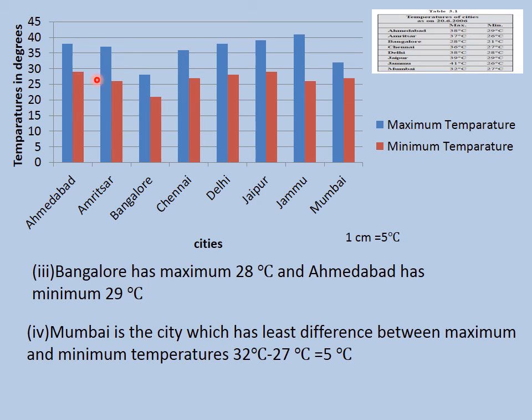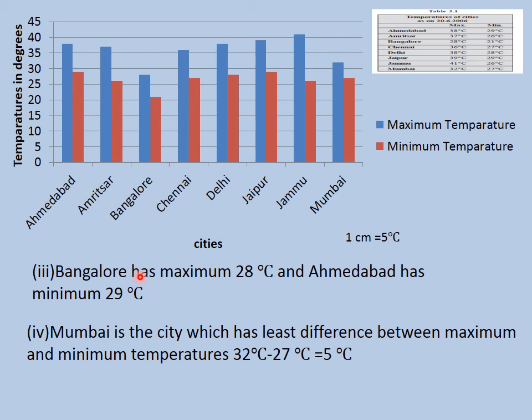Red color means minimum temperature. So the city whose blue color is less than the red color of the other city is Bangalore, and Bangalore's blue bar is less than the red bar of Ahmedabad.